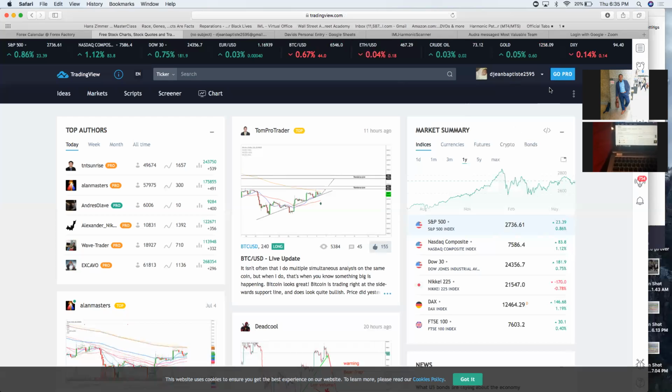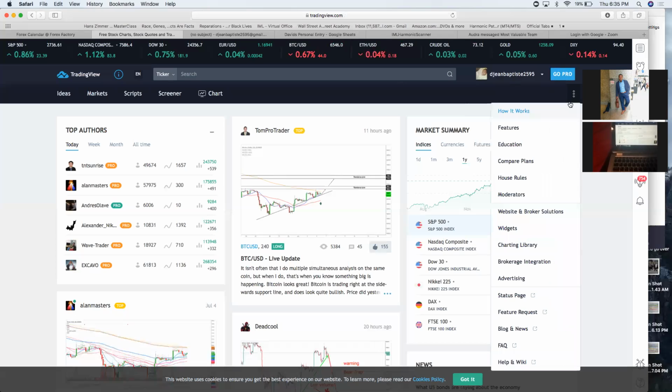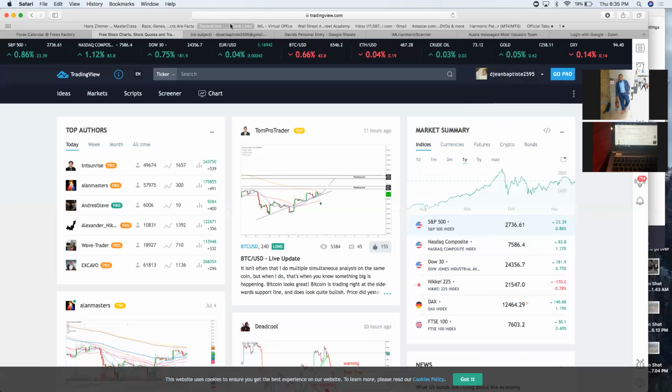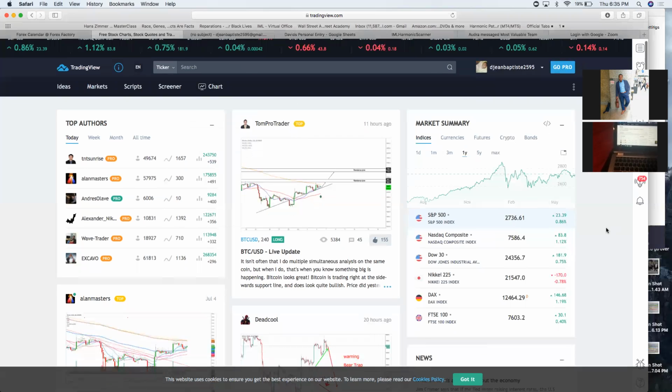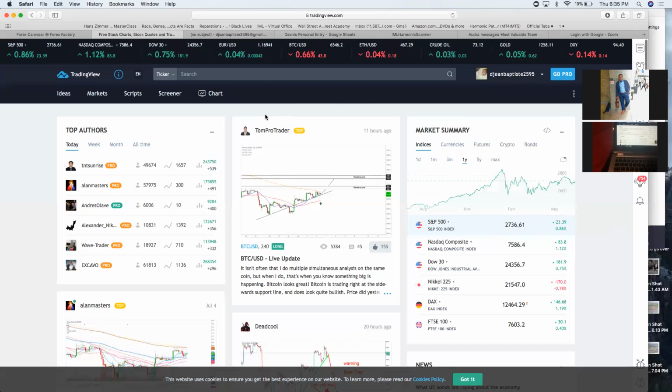So while you're on the go or traveling, you're able to get messages from TradingView to see the market from a different perspective. All right, I just wanted to break that down a little bit.